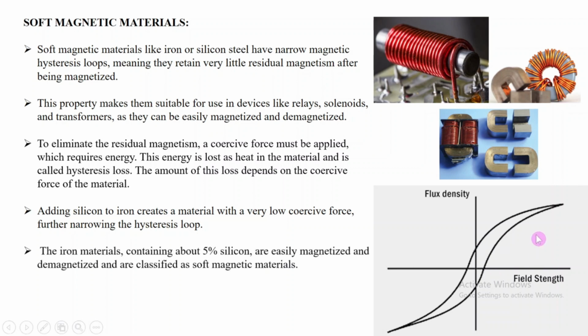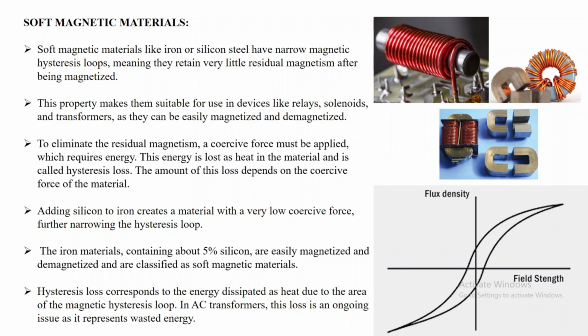To form the soft magnetic material, we add silicon to the iron. Hysteresis loss is one of the ongoing issues, as it is wasted energy.